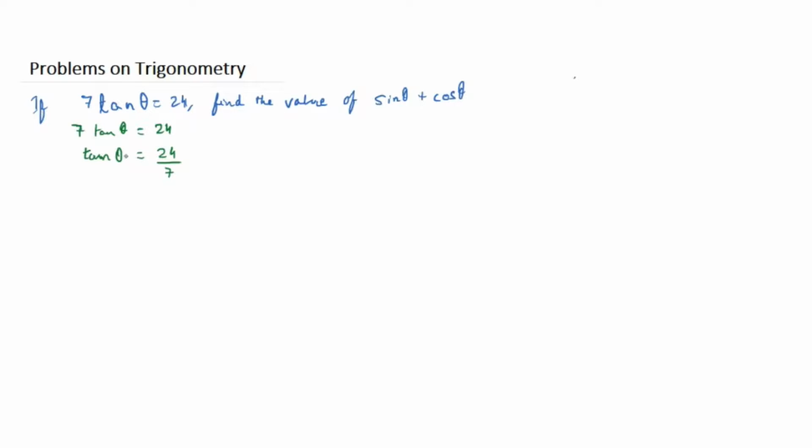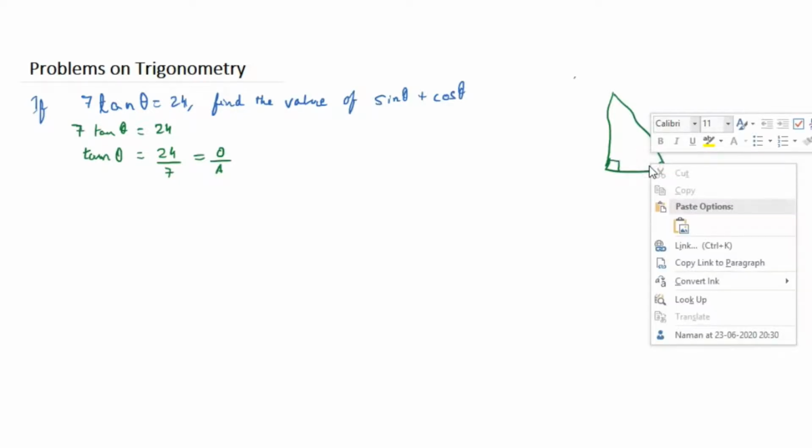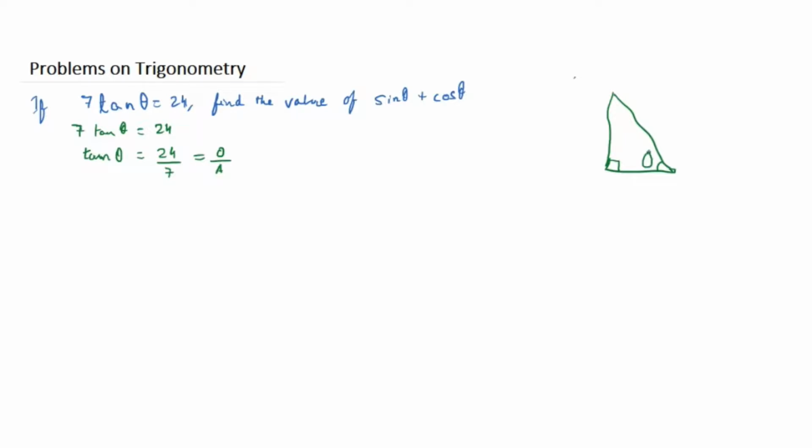Now tan theta is also opposite over adjacent. That means the opposite side is 24 and 7 is the adjacent side. So I just take a right angle triangle, with the right angle here. I take any angle as theta, and opposite is going to be this side, which is 24, and adjacent to that is this side, which is 7.